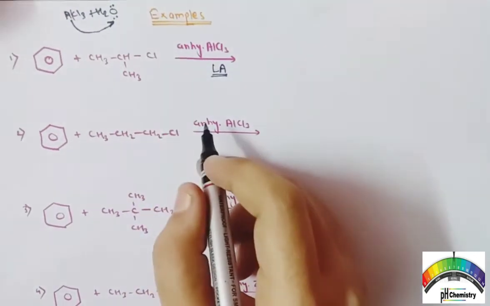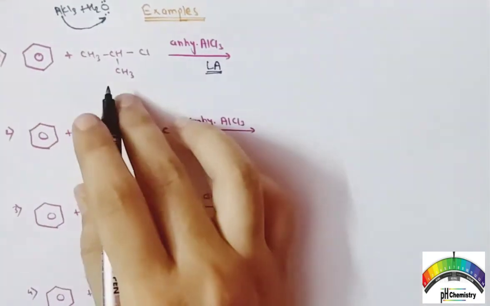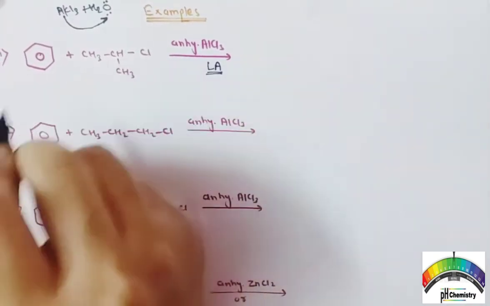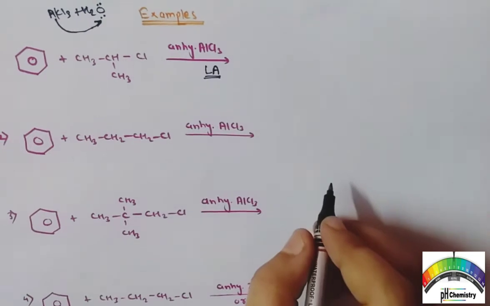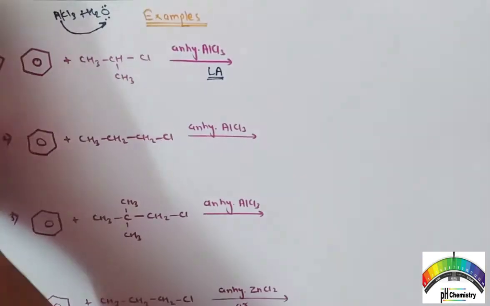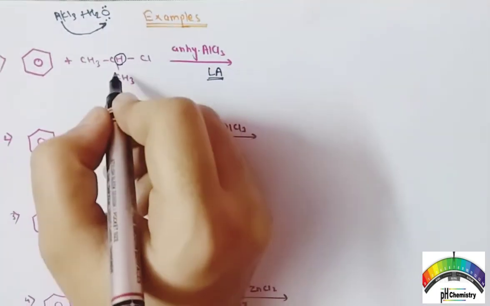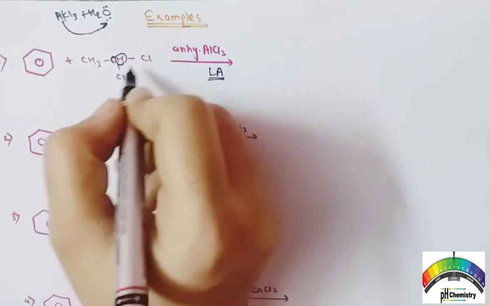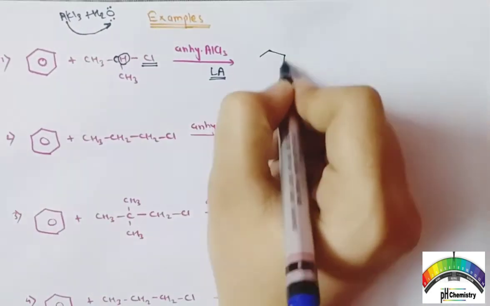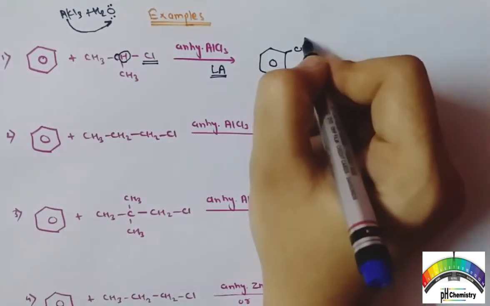Now we will see the first example in which we are using benzene ring, and this is isopropyl chloride. So now what happens, simply remove HCl: remove the chlorine from here and hydrogen from the benzene ring. Our product will be like this.